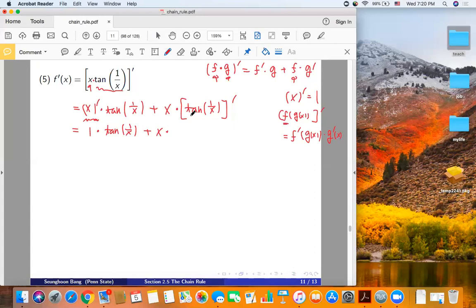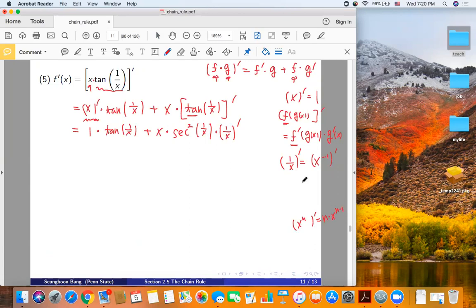The tangent prime is secant squared. So it's secant squared of the inner function 1 over x, times the inner function prime. What is the derivative of 1 over x? You can change it to a power: x to the power minus 1, and take the derivative using the power rule. The power rule is x to the n, prime, is n times x to the n minus 1.